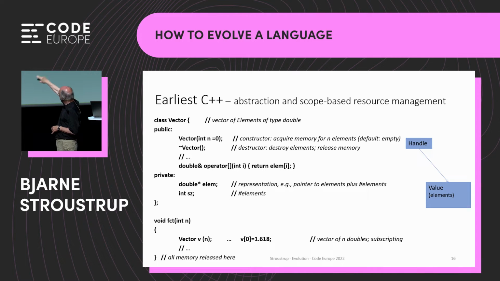You have a constructor that creates an object, acquires necessary resources to operate, establishes invariants and things like that, and then the destructor there with the tilde basically re-establishes whatever situation was before you came in. It releases resources and such. And this came into what became C++ in about the first or second week of development. This is the real core of C++.